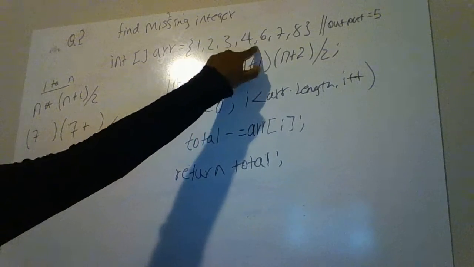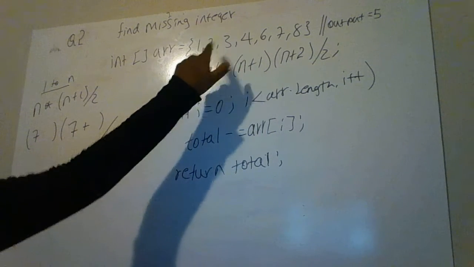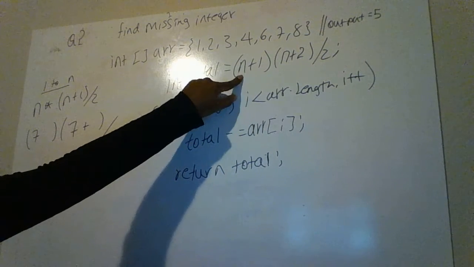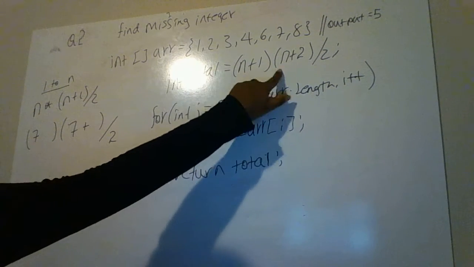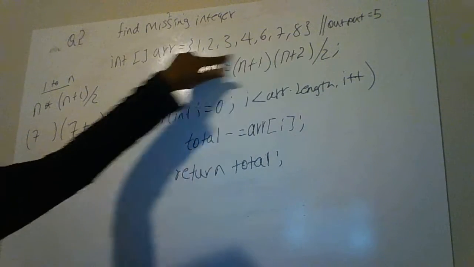If 5 was here, it would have been 8 items instead of just 7. So we would say n plus 1 times n plus 2 divided by 2. That would give us the total of this array.